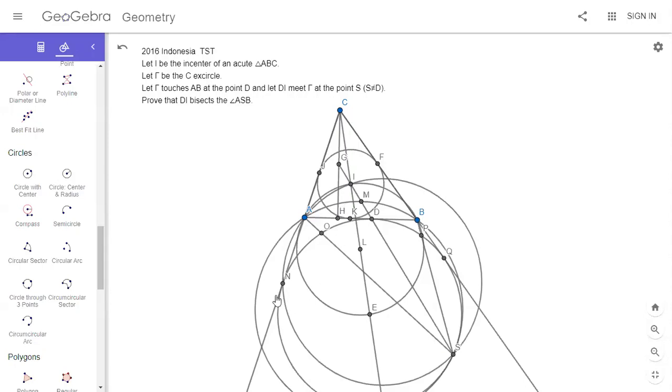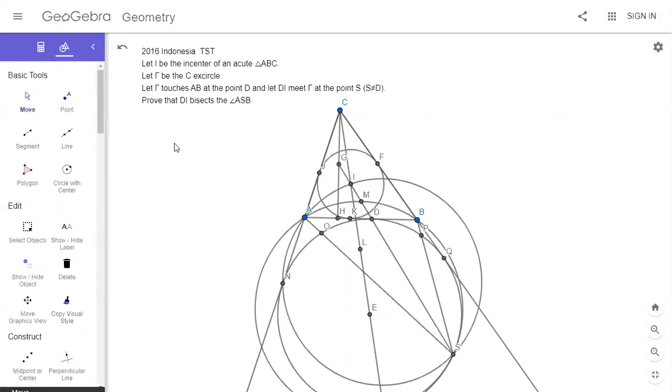But NSI is NSD, which is half of angle NED. I think that does it. Let me delete this circle right here. All right, I'm going to write this up, but that sounds really interesting.